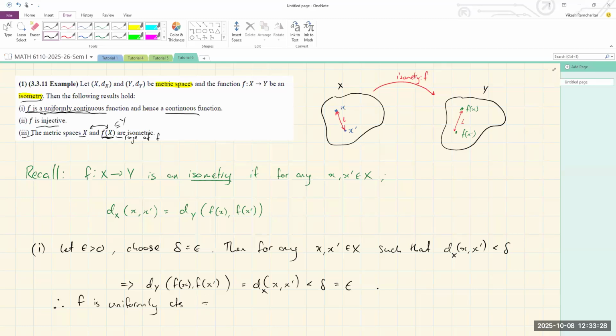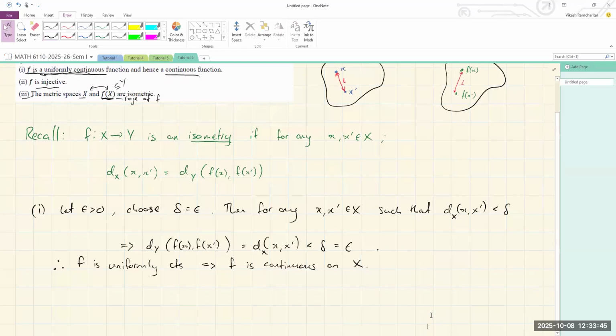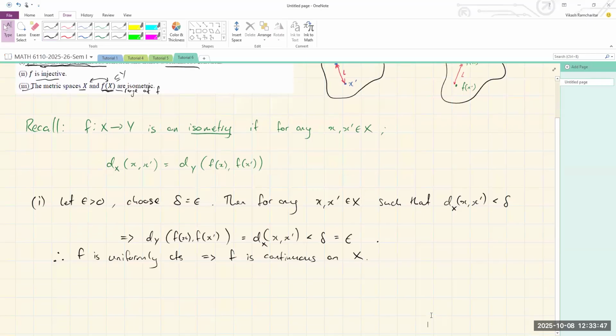And of course, we know that uniformly continuous means it's continuous. Therefore, f is uniformly continuous, which implies that f is a continuous function on all of X. Okay, so that's the first part of this proof. Very straightforward. So isometries are uniformly continuous and hence continuous. Maybe I should state what I used here. This part here was since f is an isometry.